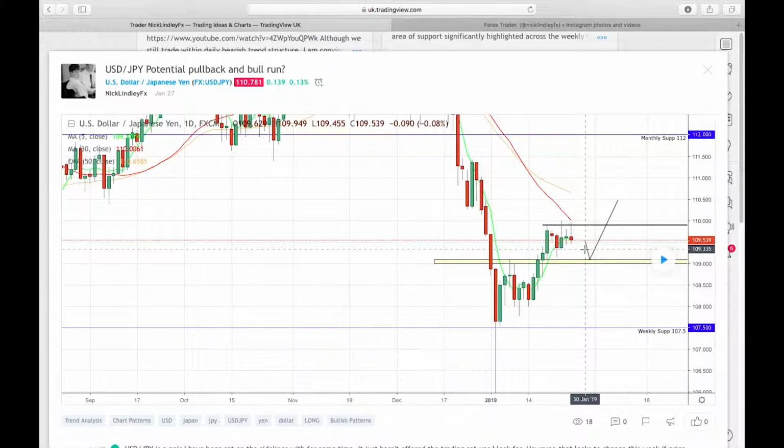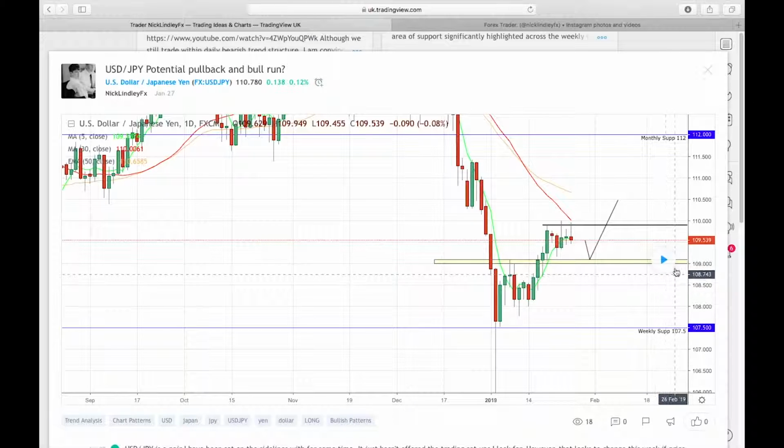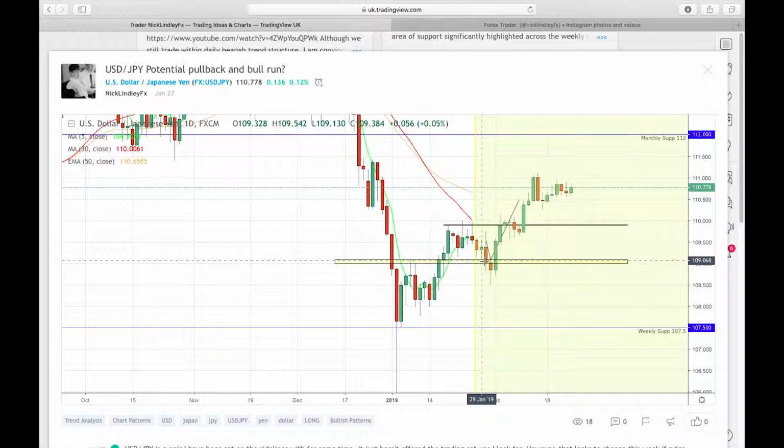There were further reasons why I believed 10900 had to be hit before going higher. But again, I'm going to keep those secrets up my sleeve. But let's just go ahead and see what happened. So we broke slightly below 10900s, probably enticed a lot of short plays into the trade, but we did come back up and this trade was fulfilled pretty much to the pip.